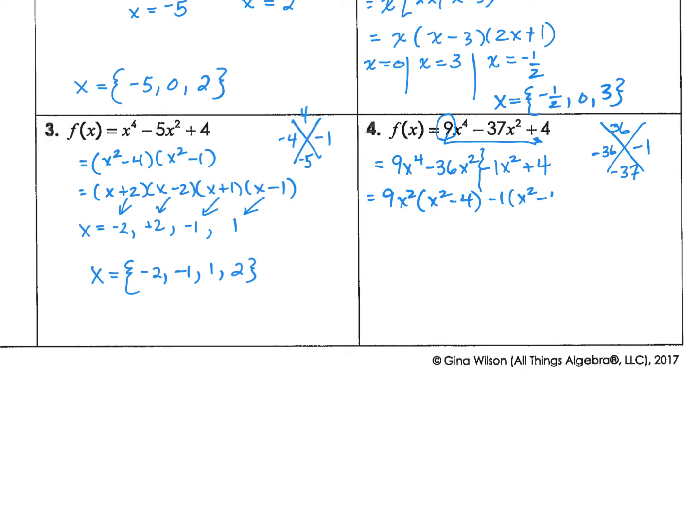X squared minus 4. Remember, these have to match, don't they? All right. So what are my two terms? Yep, x squared minus 4 and what? Not x squared minus 1.